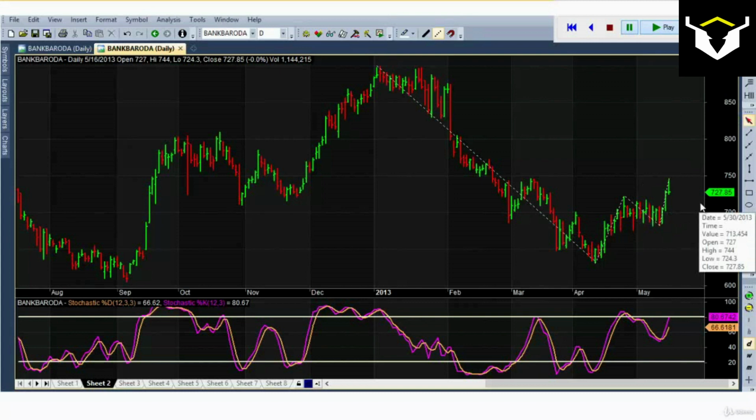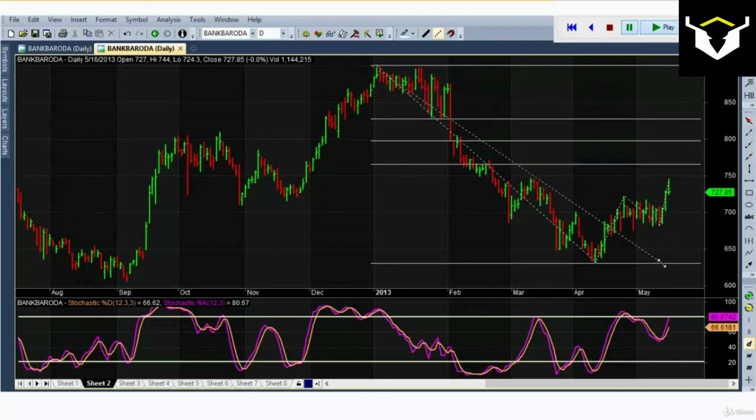So one of the rules says a correction will terminate itself on 50, 61.8 or 78.2% ratio of its previous trend. Since this looks like a major trend, we will choose ratio of this trend as well to plot the level where this ABC correction might come to an end.